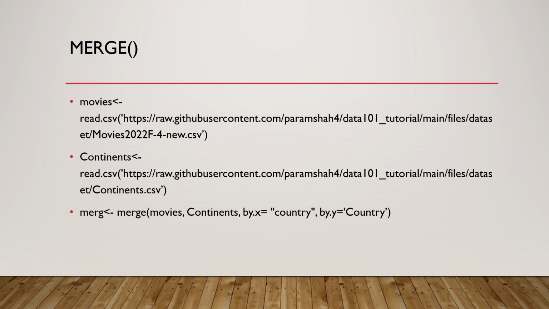So we take a country from the movie data set, and we look at the corresponding continent to this country, and we include these attributes in the new data frame, which we called merge. So now merge has one extra attribute, continent, which comes from a different data frame. So that's what merging is for.